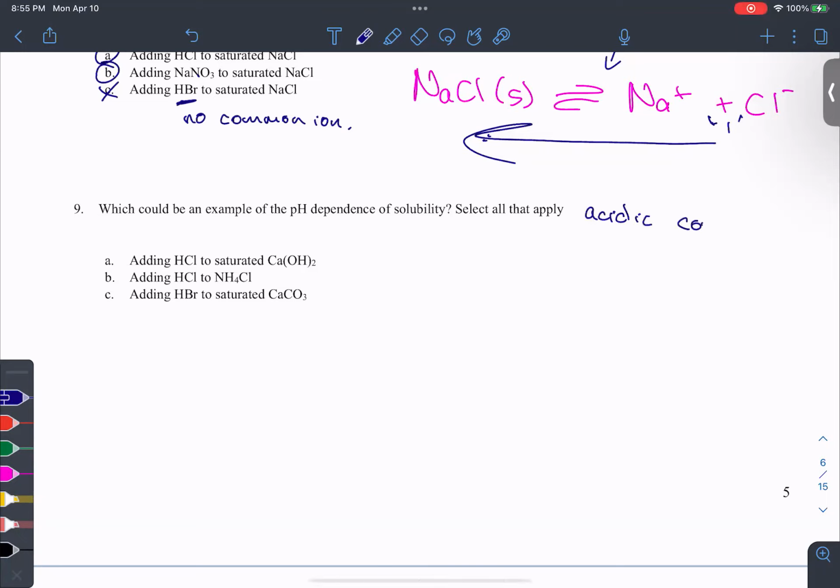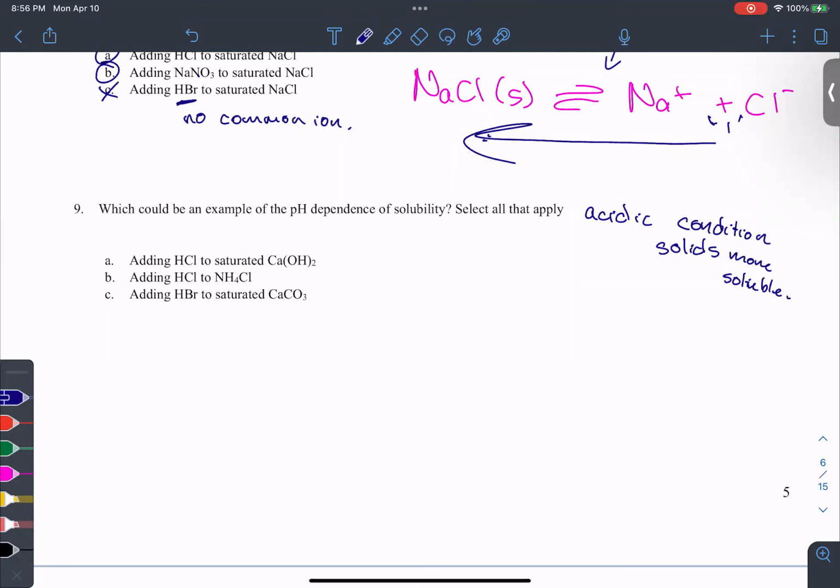Acidic conditions will usually make solids more soluble. But there's a caveat, but only if something in the solid can react with acid. That's the caveat. Not all solids will be more soluble in acidic conditions, but if a solid is, it's usually more soluble in acidic conditions. And I'll show you why.